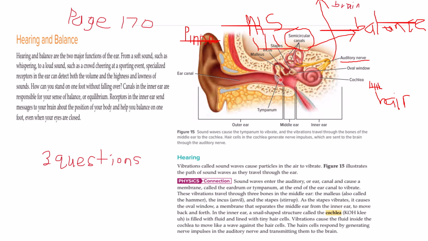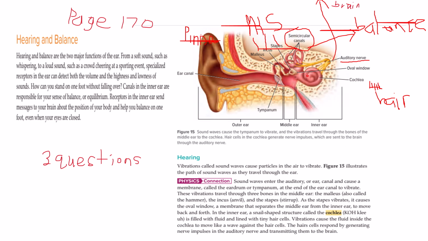This is how it works when you hear something: the sound waves travel and hit the tympanum, so the tympanum vibrates and that vibration is transferred to each of the bones here, the malleus, incus and stapes. The vibration is transferred to the last one and then to the semicircular canals, which are present in the inner ear.